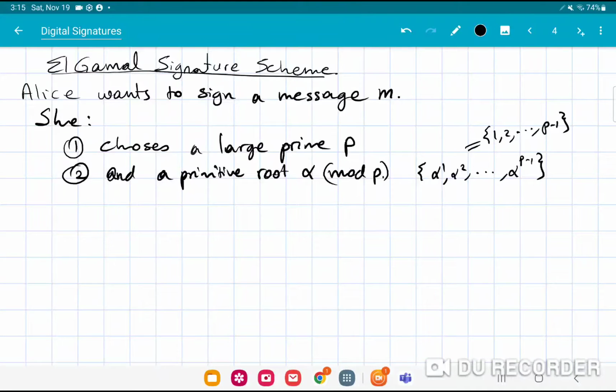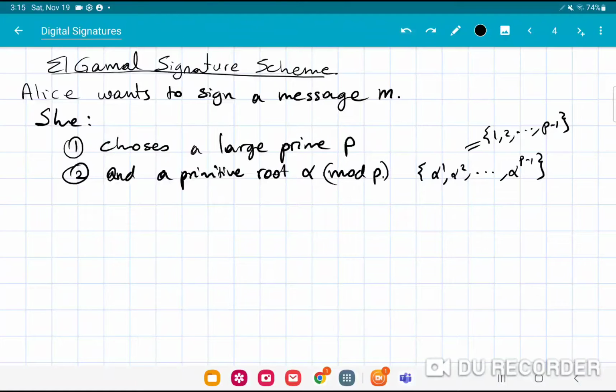So the first time you get 1 when you raise alpha to a power is at P minus 1. That's why we call this a primitive root mod P. We talked about this in class.